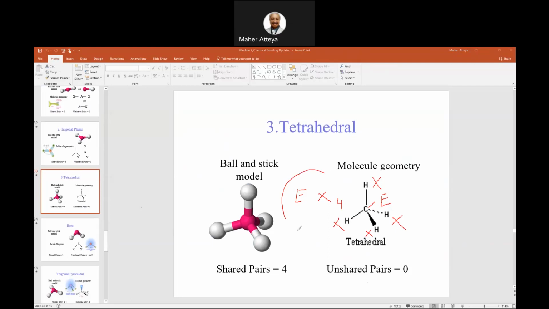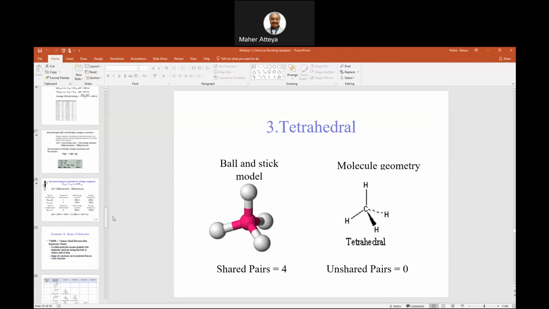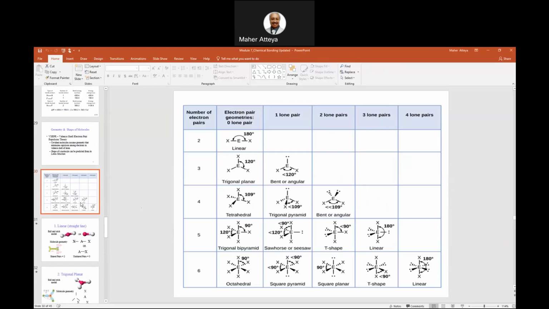So I go to the table here. Where is the EX4? So go up, EX4 here. Here, 4 regions, correct? No lone pair. So the answer is here. And no lone pair, that's tetrahedral, correct?